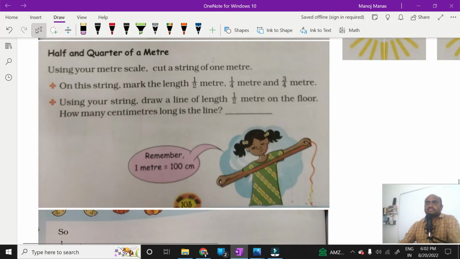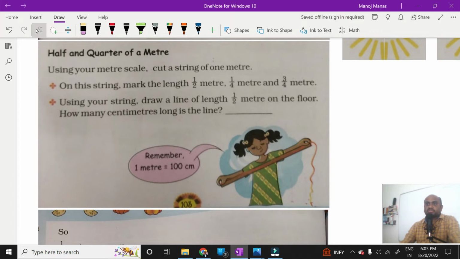Using a meter scale, cut a string of 1 meter. In this string, mark half meter, quarter meter, that is 1/4 meter, and 3/4 meter. With the help of this string, now draw a line which is of half meter on the floor. How many centimeters long is the line?